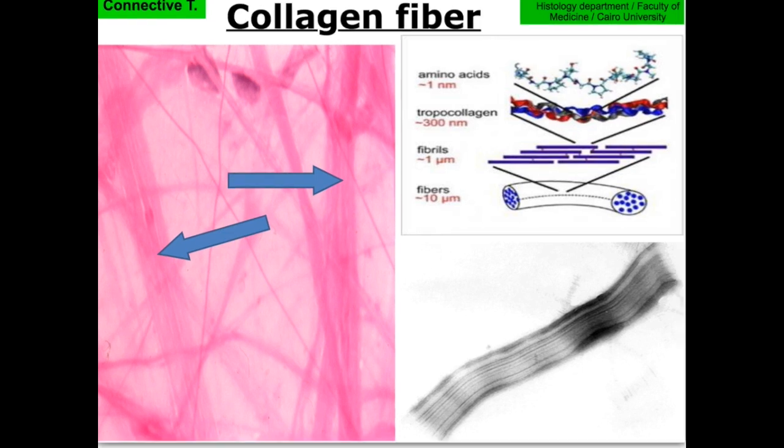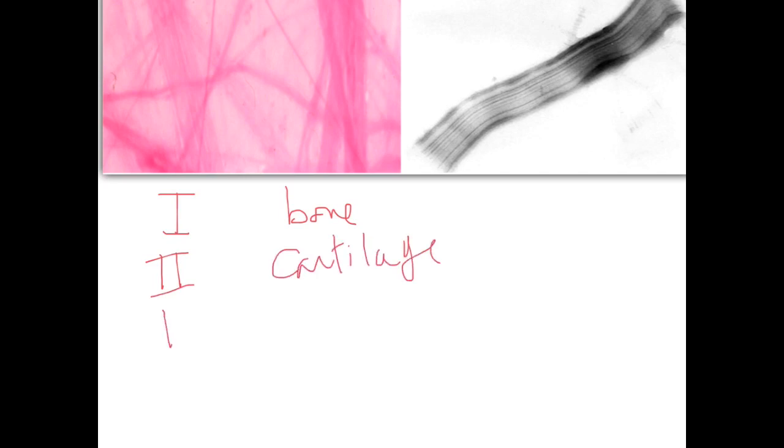So, to summarize these types, we have the following. Type 1 is present in the bone. Type 2 is present in the cartilage. Type 3 is present in the stroma of glands. It is the reticular fiber. Type 4 is present in the basal lamina, which is associated with the epithelium.